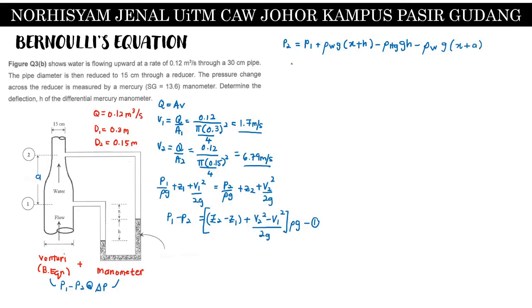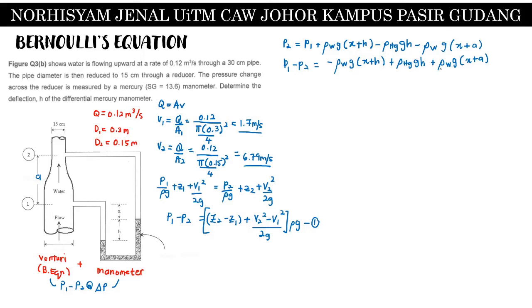So if we rearrange the equation again to get P1 minus P2, we will get P1 minus P2 is equal to negative rho w g x plus h, plus rho mercury g h, minus rho of water, plus rho of water g x plus a.